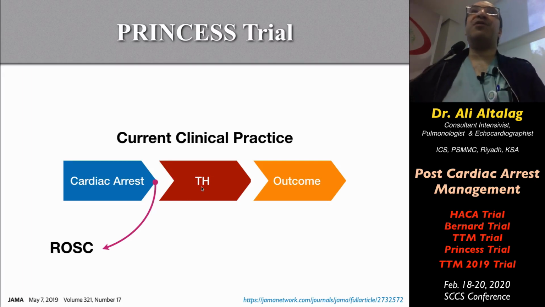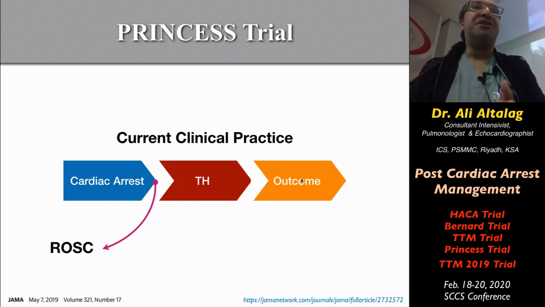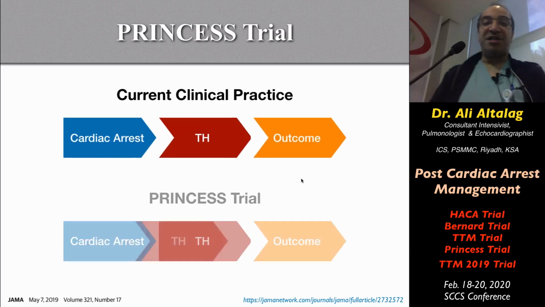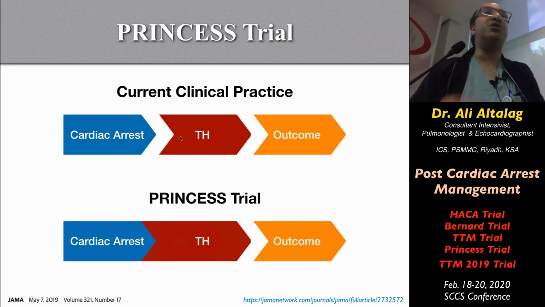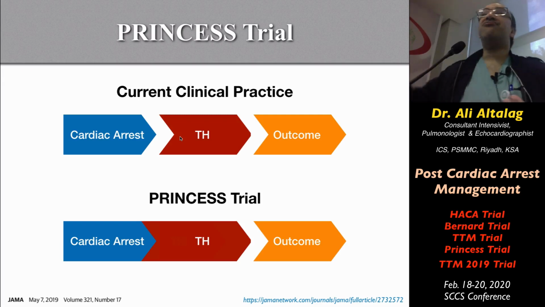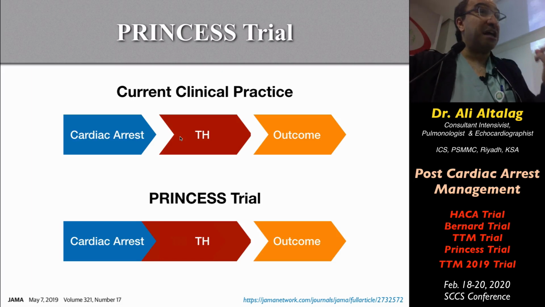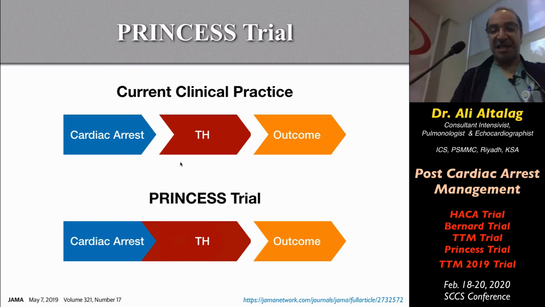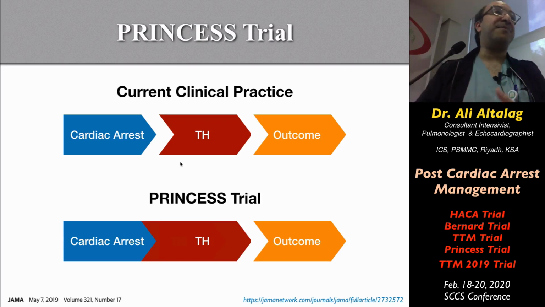Then therapeutic hypothermia is applied, and then the outcome is evaluated, right? What he wanted to do is to close this gap completely. In fact, he wanted to start hypothermia right during CPR, which is really a clever way of dealing with this. And this is the principle of the Princess Trial.